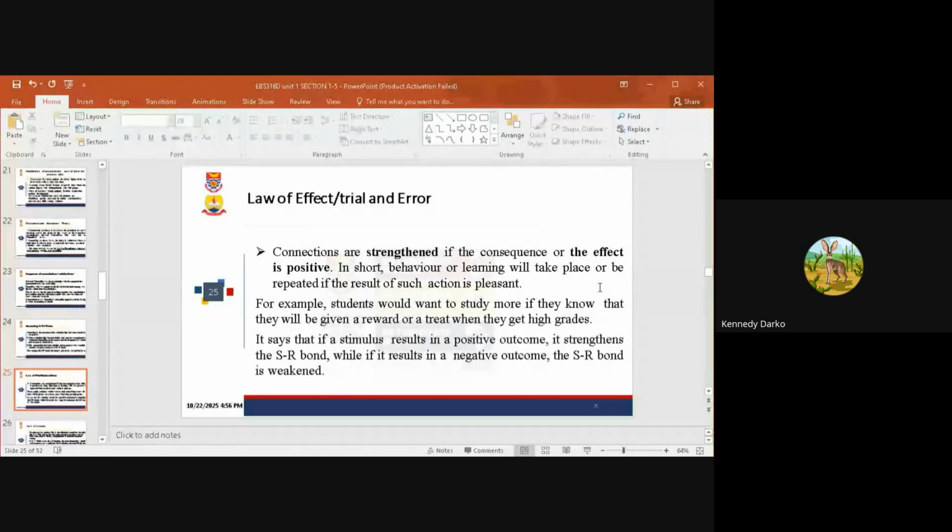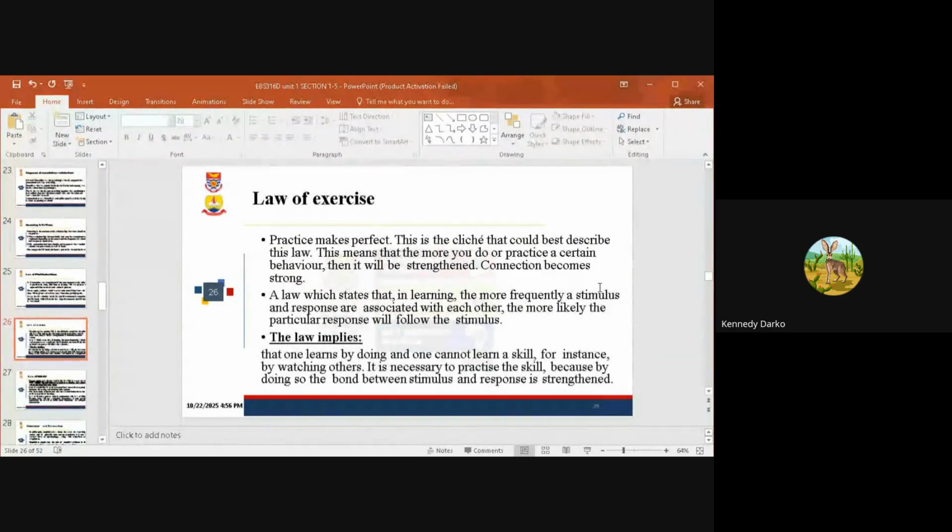Now, in other words, if the result is a negative outcome, then the S and R bond is weakened. It means that you have not taught the lesson well to the kids, and so they were not able to respond well. Now, law of exercise.